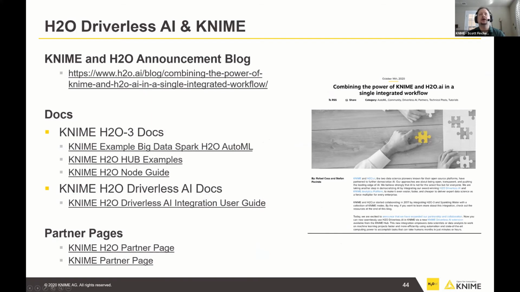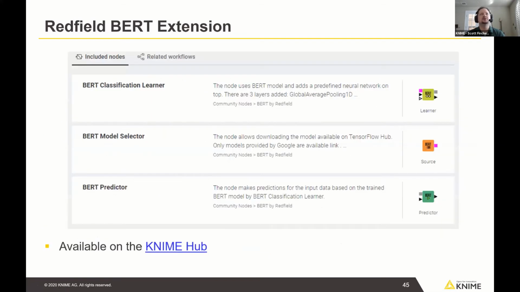One other extension I wanted to mention was developed by our partner Redfield, and this is about text processing and NLP. They've created an extension with just a few nodes in it that's going to allow you to access BERT, which is an NLP tool, to do these kinds of deep learning tasks for text processing.